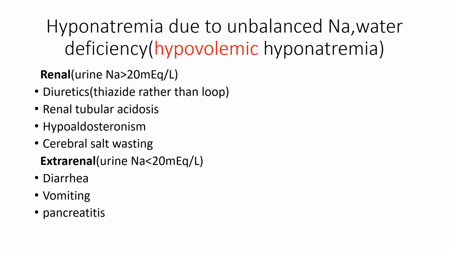نلاحظ هنا إن الهايبوفوليميك diarrhea والvomiting كانوا ذكروا في أسباب الهايبوناتريميا، لكن في الهايبوناتريميا الديارية والvomiting ما بيعملوش هايبوفوليميا، ولكن يكون اللوس of hypotonic fluids only will produce hyponatremia.